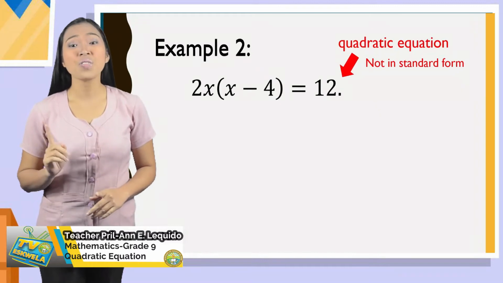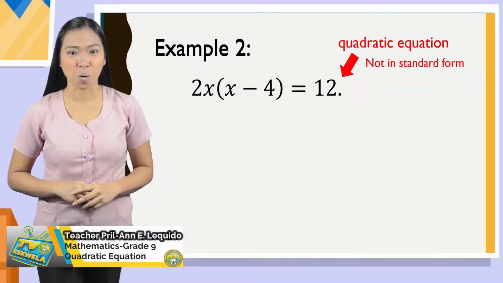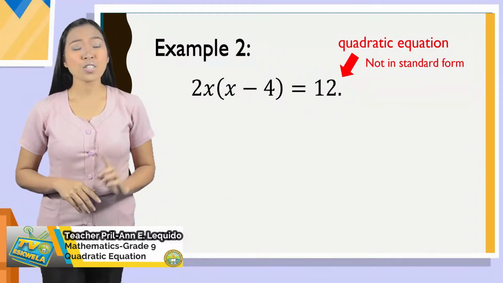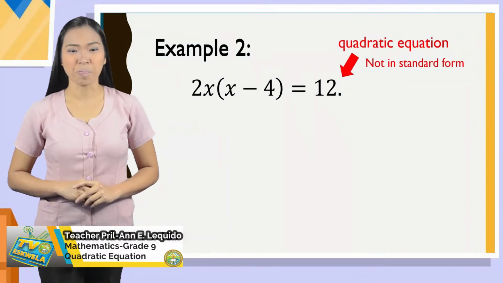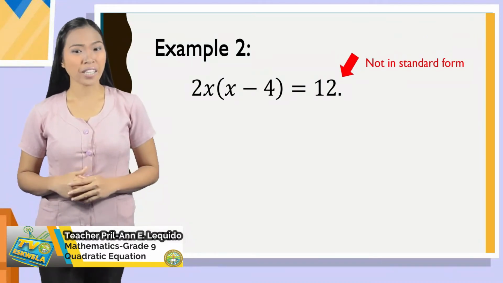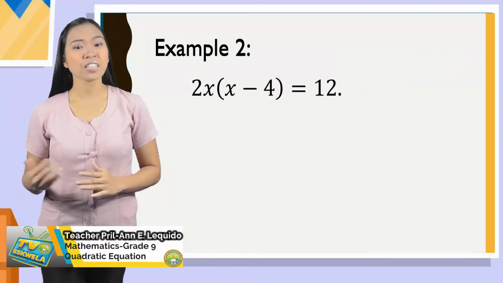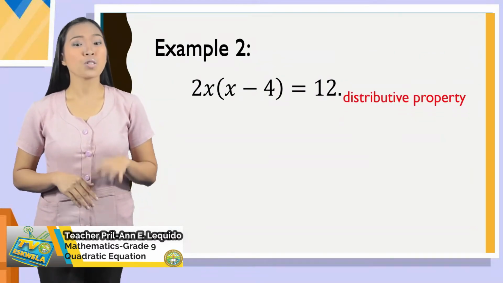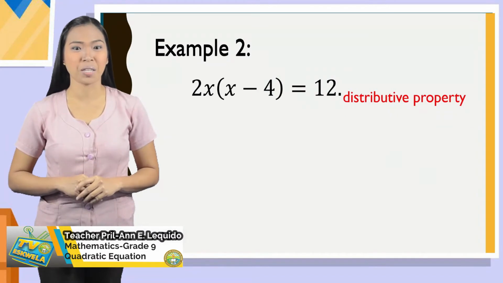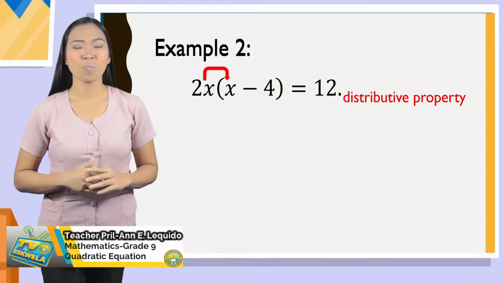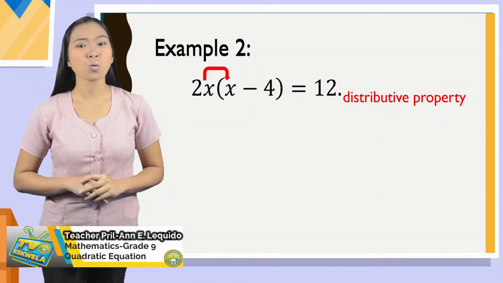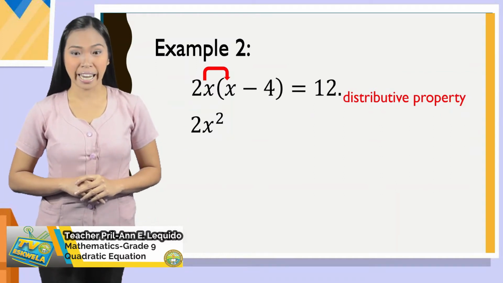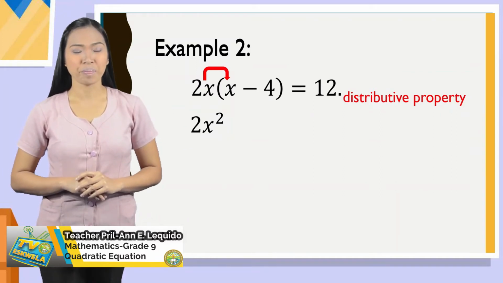However, this is not written in standard form. To transform it to its standard form, first, expand the product by using the distributive property to the left side of the equation. This now becomes 2x squared minus 8x equals 12.